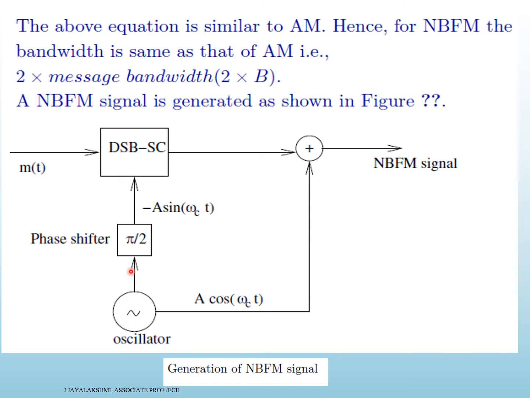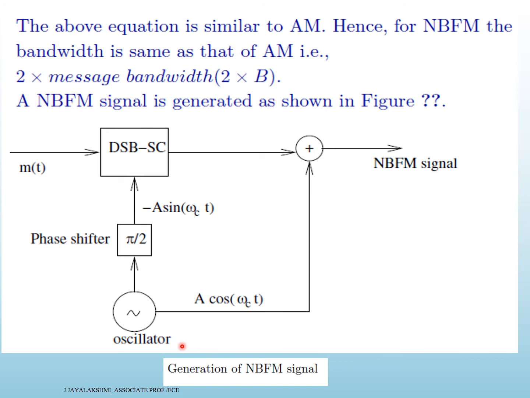The oscillator output is phase shifted by 90 degrees, so the signal is minus A sin omega c t. That, given to the double sideband suppressed carrier generator, gives you a generated signal, and this is added along with the carrier signal, which results in a narrowband FM signal. So this is your narrowband FM generator.